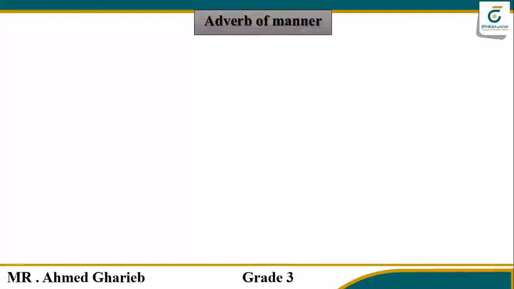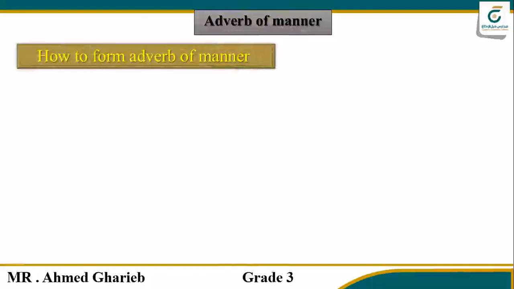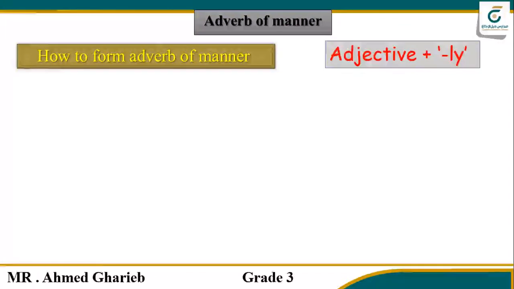Now let's talk about adverb of manner in detail. How to form adverb of manner. As I told you before, adverb of manner shows me how we do the verb. It's so easy. We get the adjective plus ly.